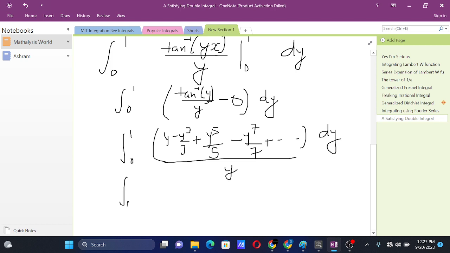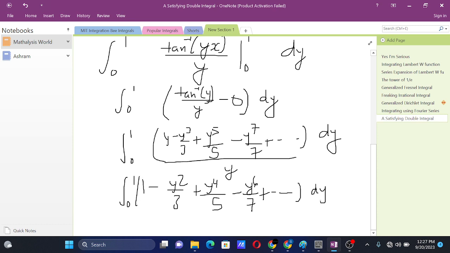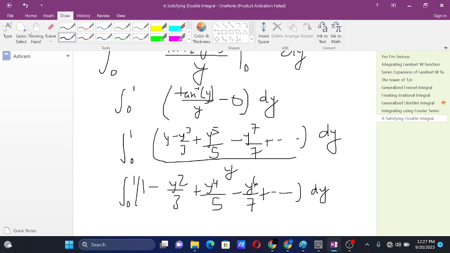If we divide by y, we get 1 minus y square by 3 plus y to the power 4 by 5 minus y to the power 6 by 7, and so on, dy. Now it's easy to integrate it term by term.